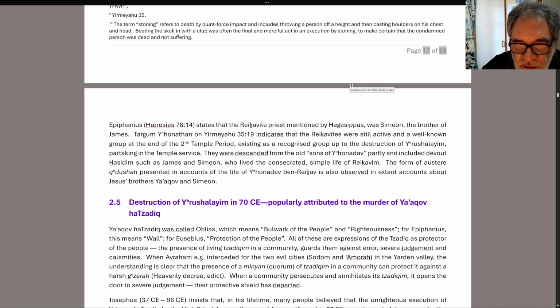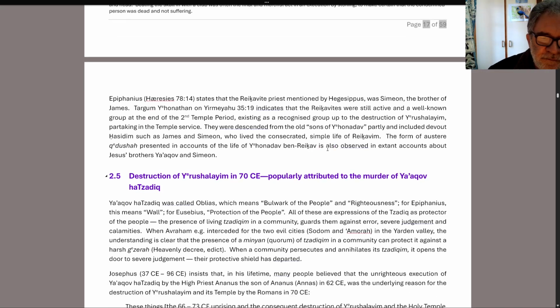They were descended from the old Bnei Yehonadav, sons of Yehonadav party, and included devout Hasidim such as James and Simeon, who lived the consecrated, simple life of Rechavim. The form of austere Kedusha presented in accounts of the life of Yehonadav ben Rechav is therefore also observed in extant accounts about Jesus' brothers Yaakov and Simeon.